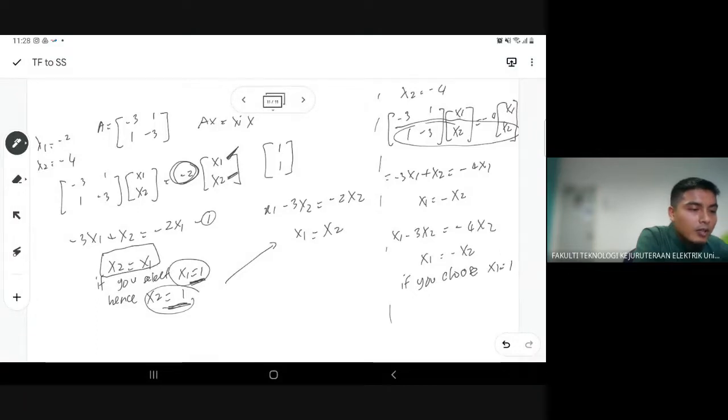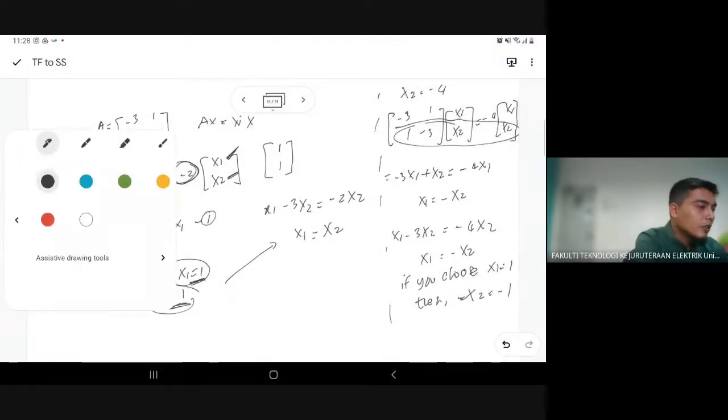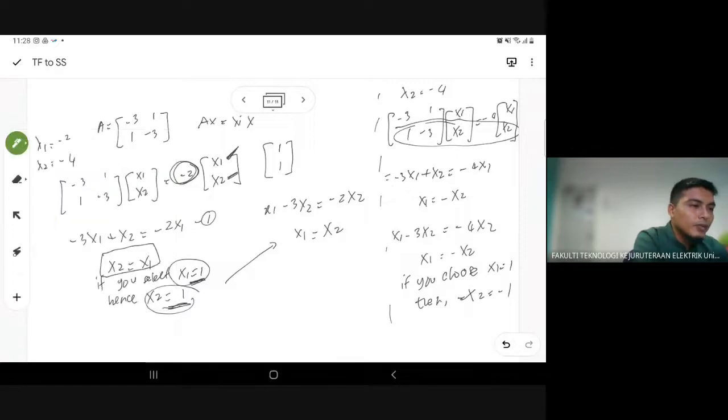If x1 equal to 1, then x2 equal to negative 1. So if lambda 2 equal to negative 4, this is the value. If lambda 1 equal to negative 2, this is the value.